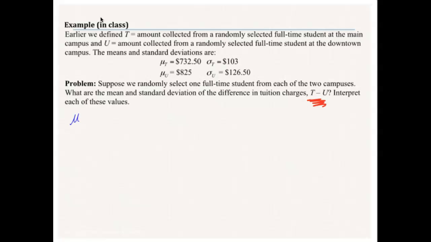So let's go with the mean difference, and the order matters here. They've specified t minus u. So it's just going to be mu of t minus mu of u. So 732.50 minus 825. All right, so there's a difference of negative $92.50.